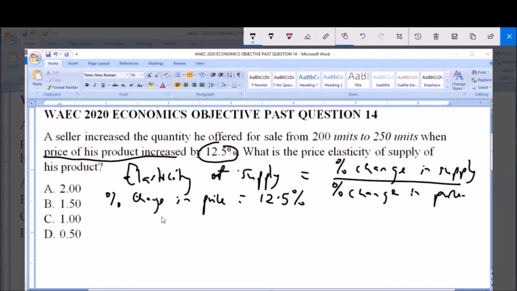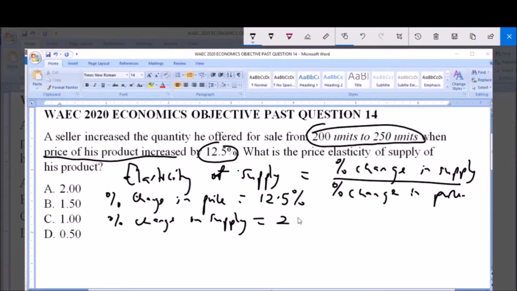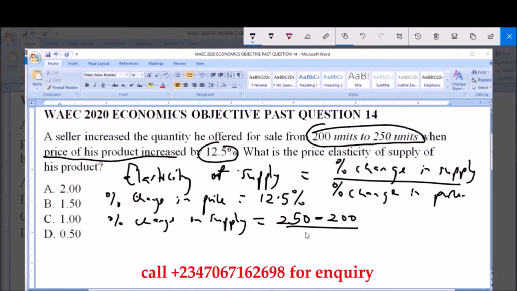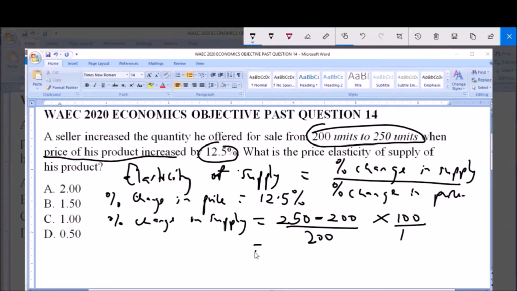Now percentage change in supply: we have the units sold going from 200 units to 250 units. So we say 250, which is the new supply, minus the old supply, divided by the old, multiplied by 100 over 1, and all these will give 25%.